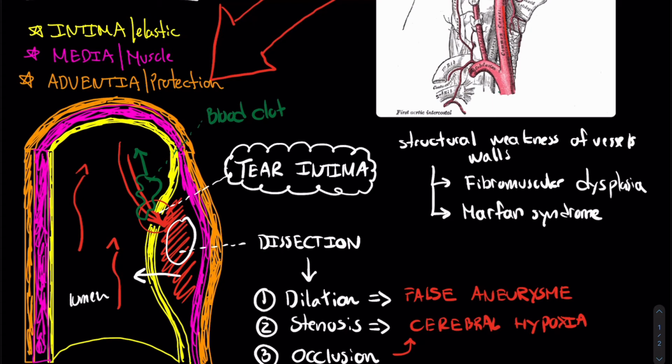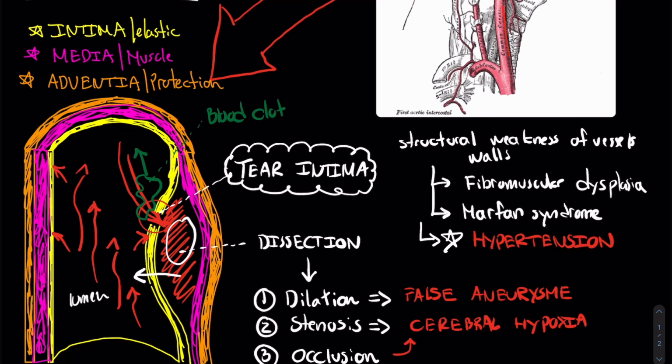Now, dissection of the carotid artery happens regardless of if you have these conditions, and so we find that the main cause is high blood pressure, so hypertension. These arteries have to be able to withstand high blood pressure, and so you can imagine blood going in very fast, exerting force on the inner walls, and so they have to be very resistant.